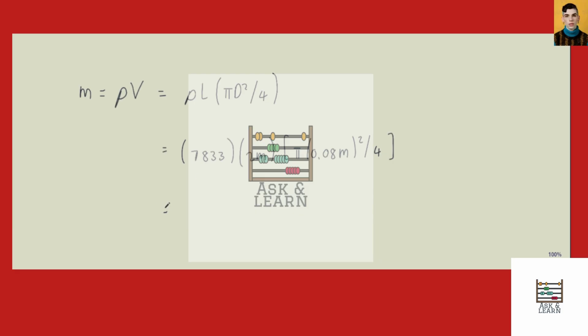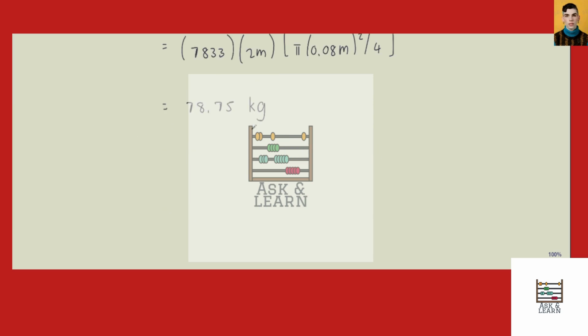And so we get the mass of a rod to be 78.75 kg. So 2 meters of the rod weighs 78.75 kg.